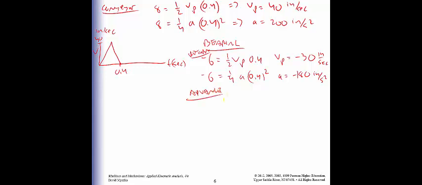So the advance stroke uses the same distance, positive because it's going to advance, is equal to 1/2 peak velocity during this section. It takes a little bit longer, 0.6 seconds. So your peak velocity is going to equal 20 inch per second. And then do the same thing for acceleration, 1/4 acceleration, 0.6 squared.